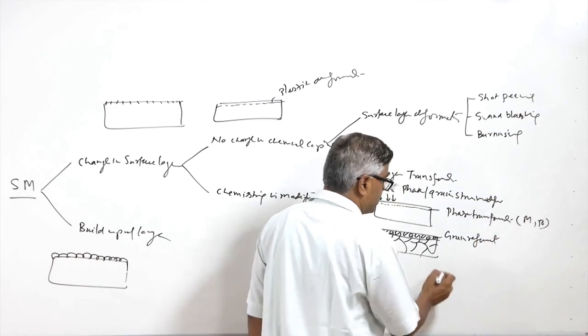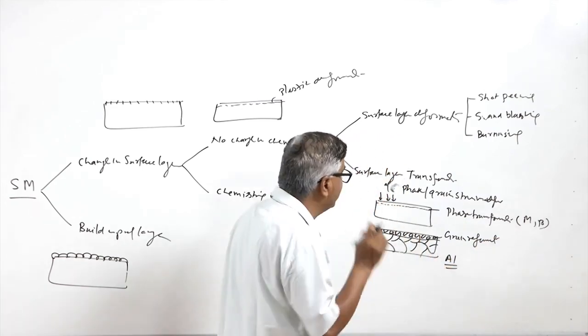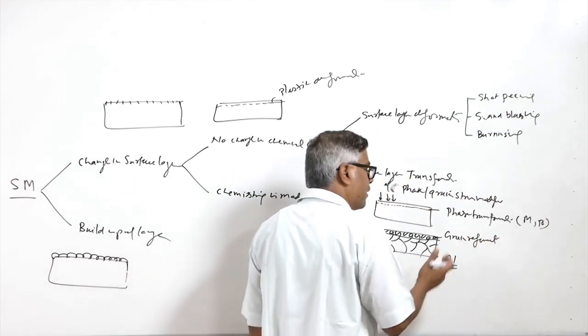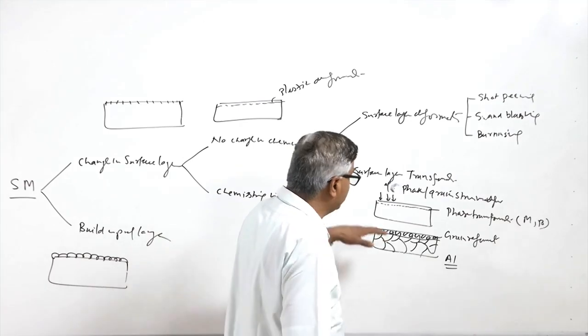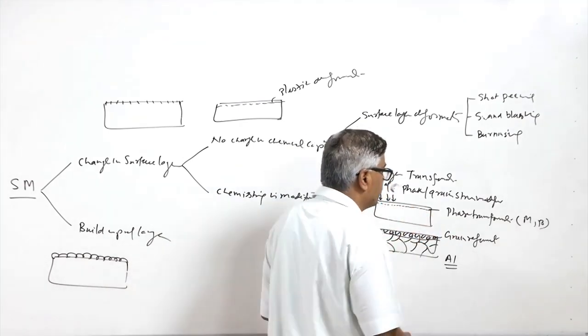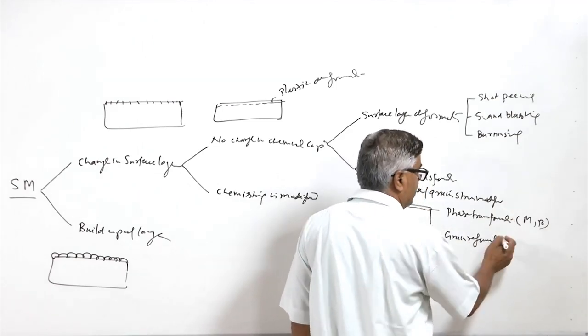Systems like non-heat treatable aluminum alloys can be strengthened through this kind of approach, or wherever the conditions are favorable for grain refinement, that will lead to improvement in the mechanical properties irrespective of the phase system.